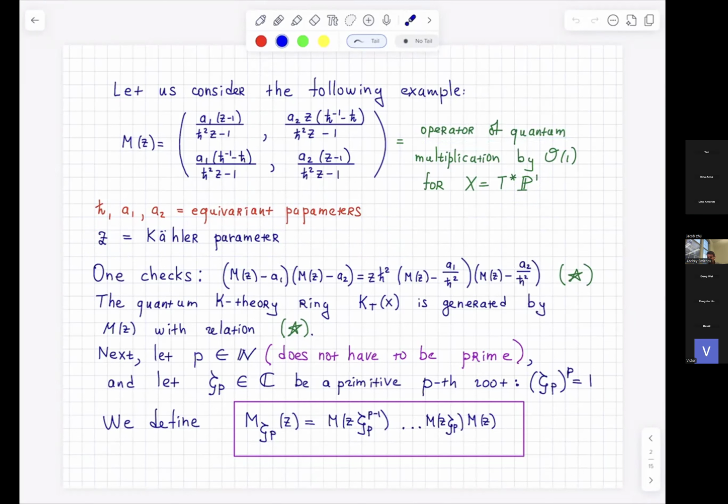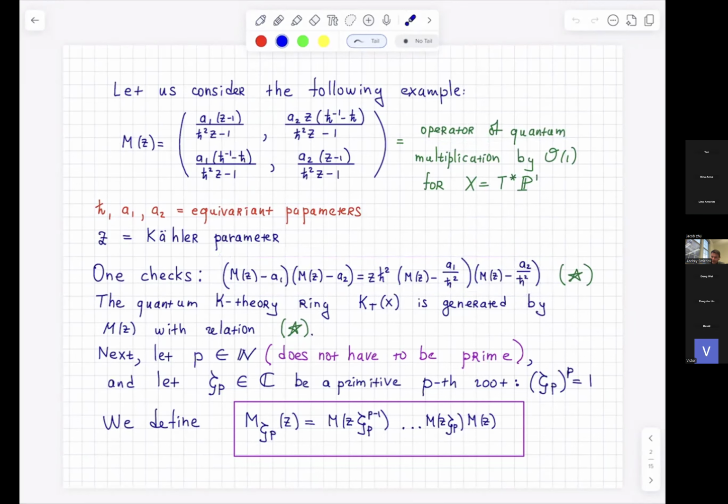It's easy to check, say, by substituting this matrix into a computer, that it satisfies this relation. This relation, of course, is some quadratic polynomial for matrix M. It's nothing but the characteristic polynomial for matrix M written in this funny form.